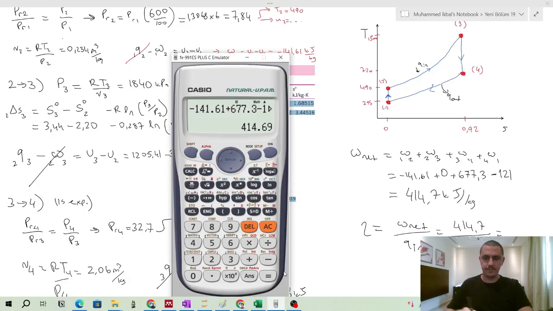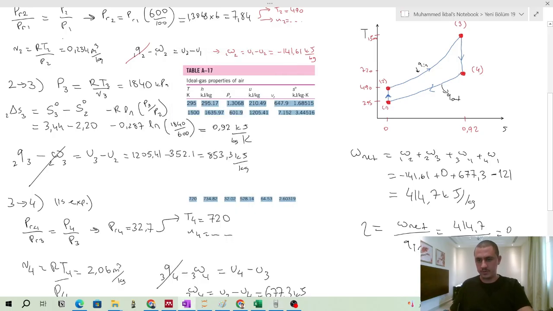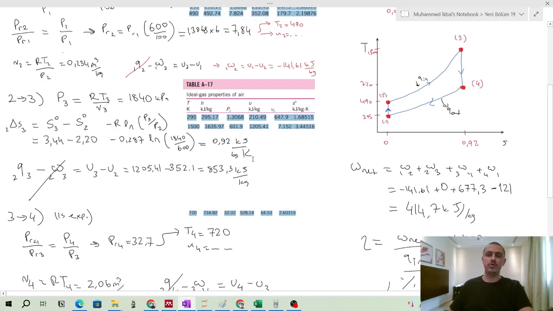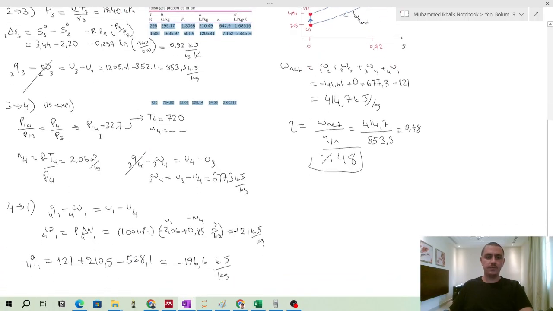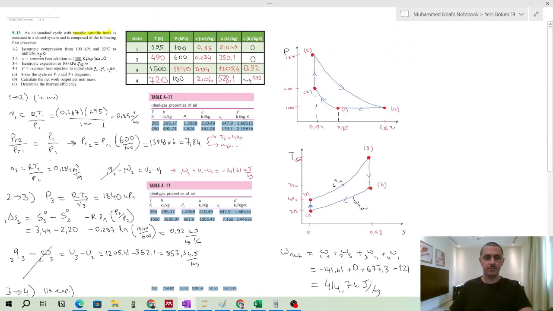So this is the heat input. 0.48, so you can say your efficiency is 48%. Okay, so we've calculated all values and we finished the problem.